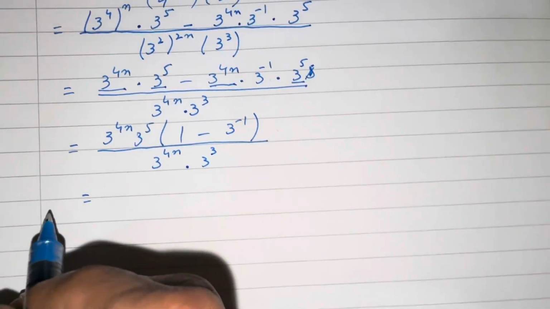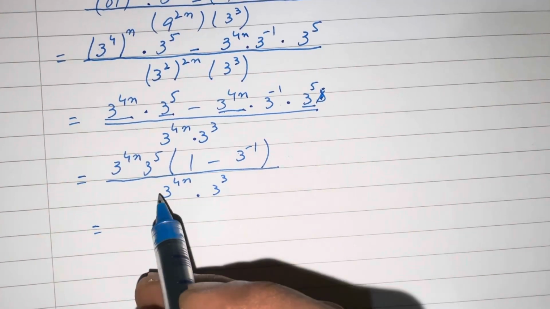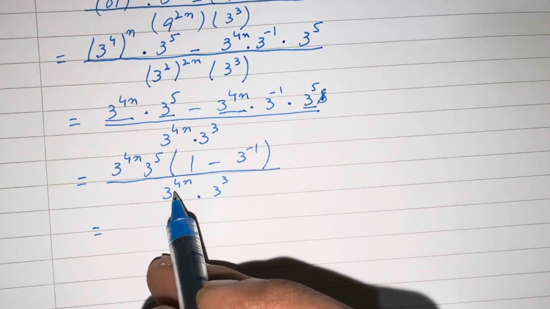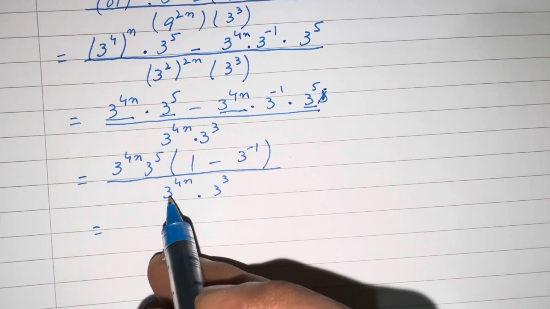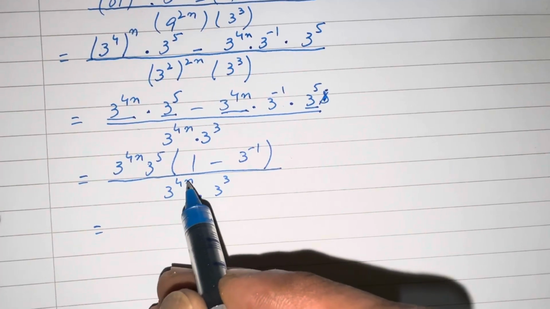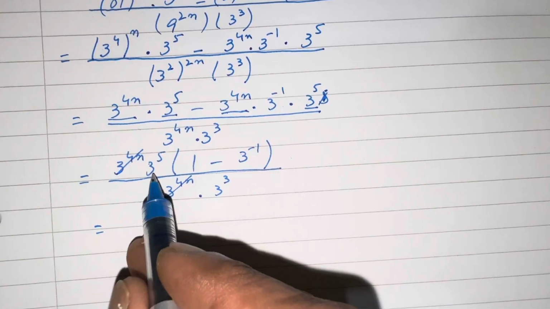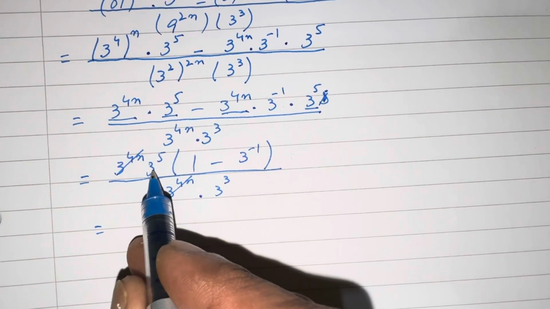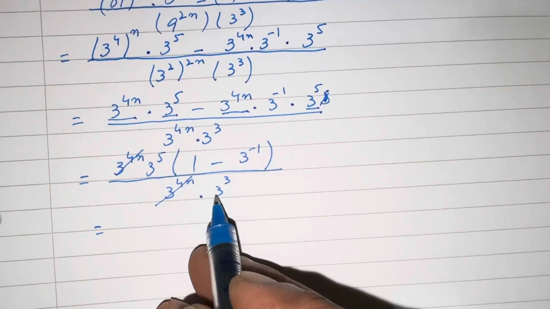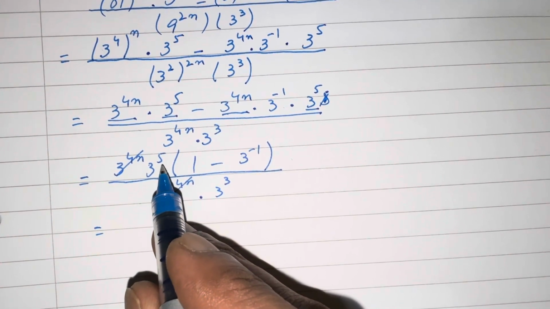So now the next step will be some kind of cancellation. This 3 raised to power 4n will be cancelled with this one, and according to the laws of exponent, if two same variables are dividing with each other, then their powers will be subtracted.